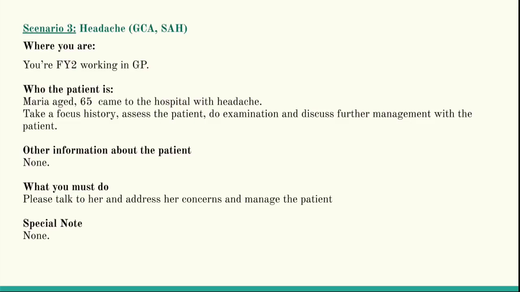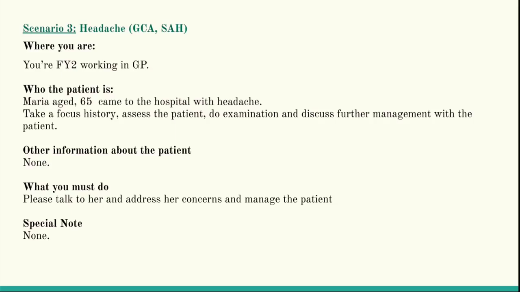Now, whenever a patient is coming to you with headache, remember that there's a set of things that you can never ever miss to do in an examination. You can write it down. Any case of headache, may it be a simple stress headache, may it be a migraine or GCA or subarachnoid hemorrhage, anything at all, or it's a brain tumor, you always need to do observations, because this headache can be due to high blood pressure.